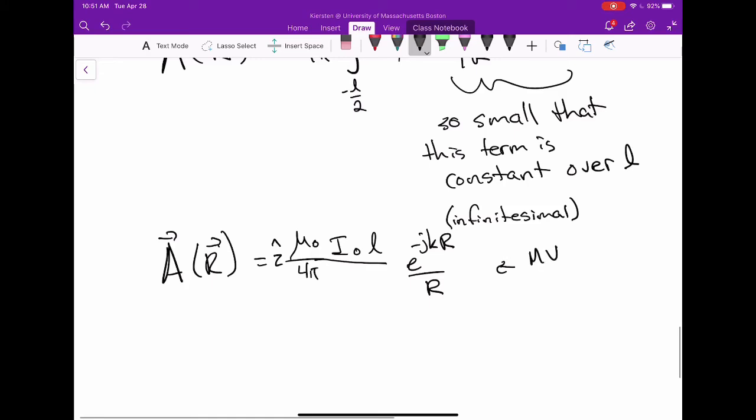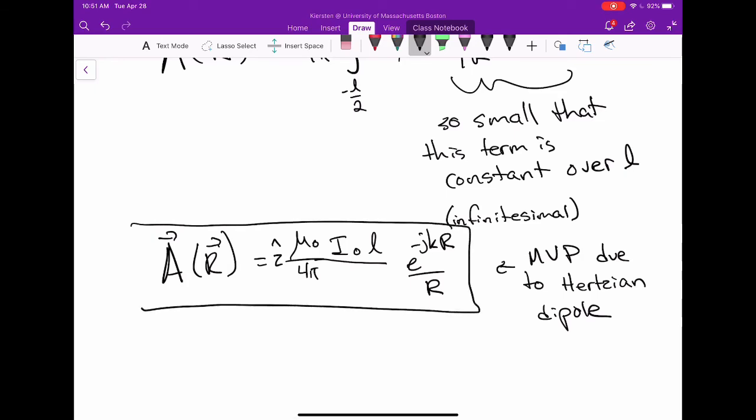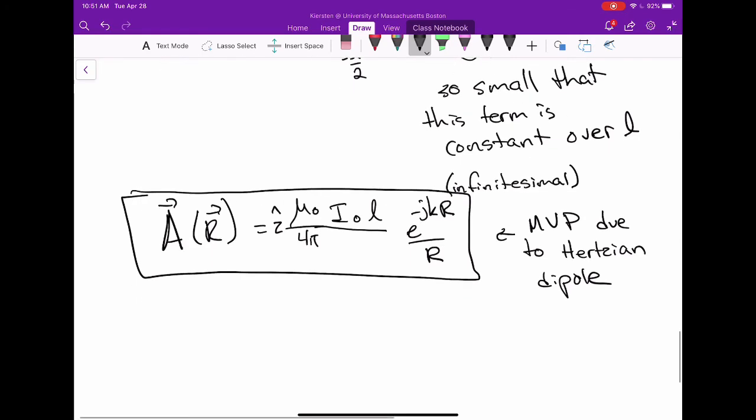That's the magnetic vector potential due to a Hertzian dipole. And like all other radiation integrals, the result is only in the unprimed coordinates r.